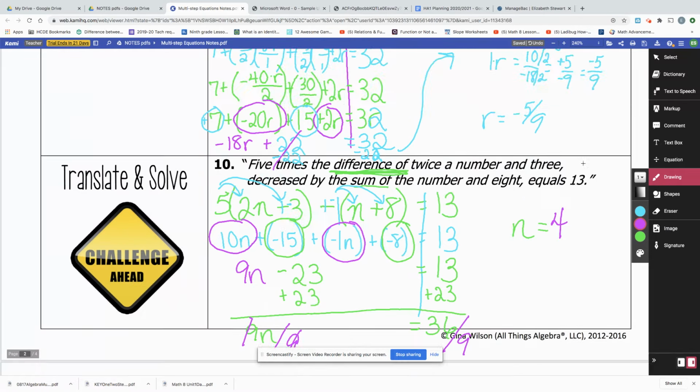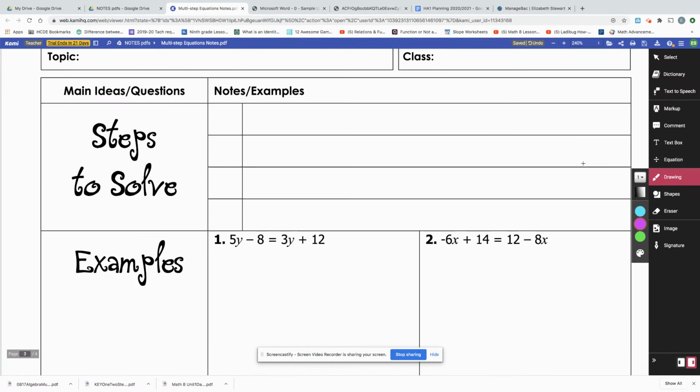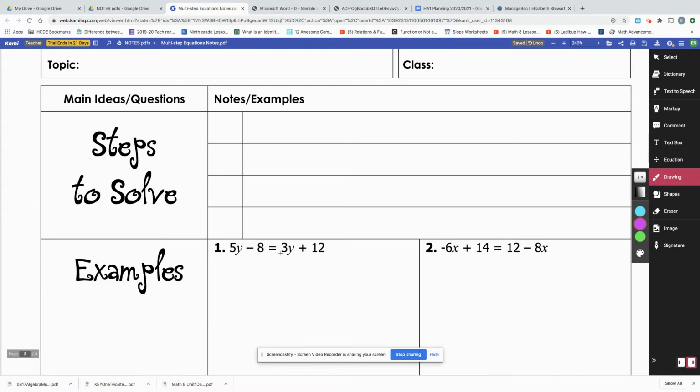What we want to do next is come down here and look at equations with variables and constants on both sides. So just to go over a few notes, again, distribute if necessary. Secondly, combine like terms on either side of the variable.